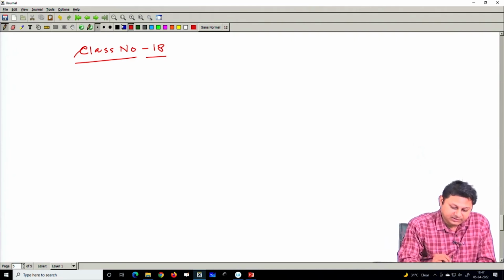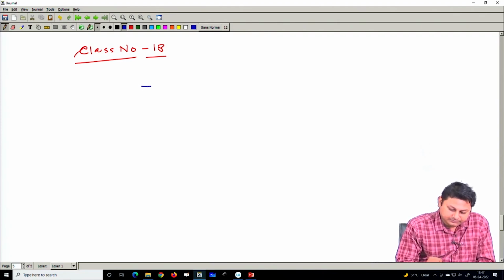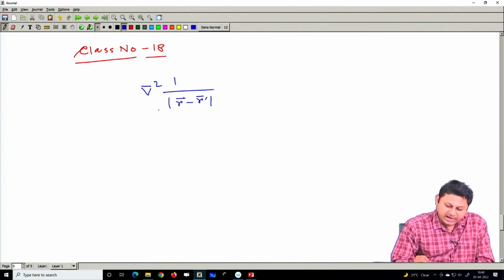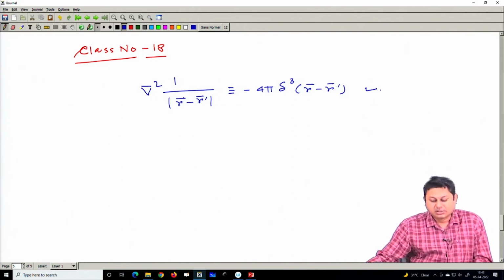The identity is this: if I want to find the Laplacian of a scalar field defined like this, a distance function, then that value is equivalent to minus 4 pi and then the delta function in 3 dimensions, r minus r prime. This is a very important identity regarding the delta function.